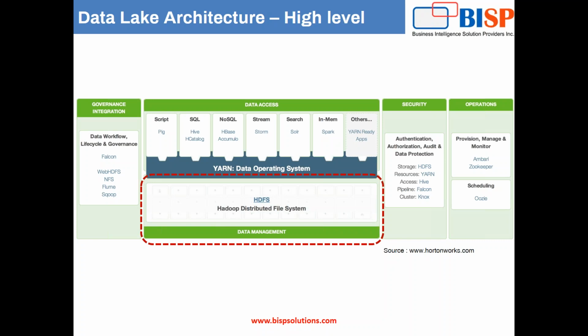On the left, you can see the data integration or governance tools like Falcon, Flume, Sqoop, and so on. On the right, you can see the various security modules such as Kerberos, Knox, Sentry, and Ranger. On the operations front, you have Cloudera Manager, Ambari, and ZooKeeper.